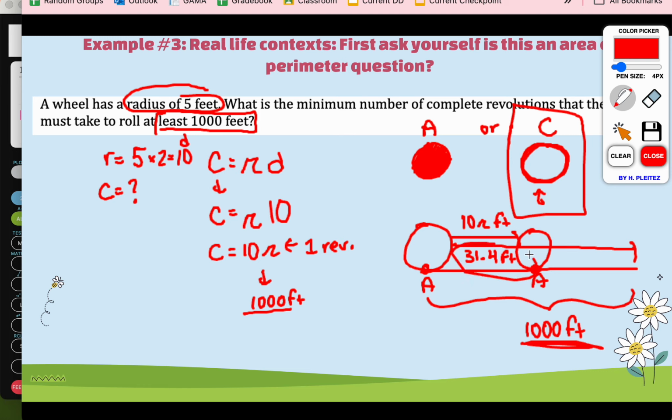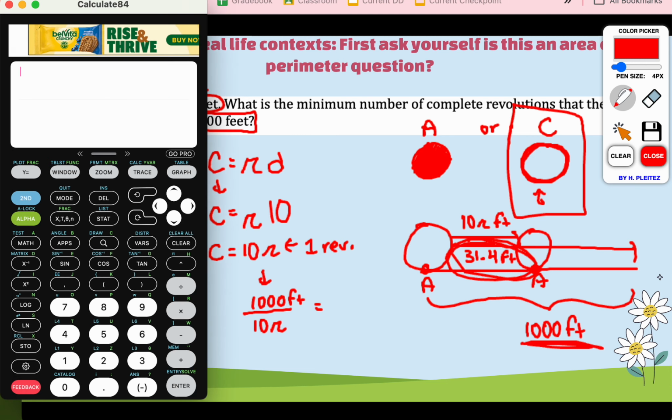You can divide it by 31.4, but I don't want to round too early because rounding can mess up our answer. So I'm just going to divide it by 10 pi. That's our circumference. If you go to your calculator and hit the math button and scroll all the way down to fraction and hit enter, you'll be able to type in your numerator and denominator. So you do 1,000, you hit the arrow, and you do 10, second, and this button will give you pi, and then you hit enter.